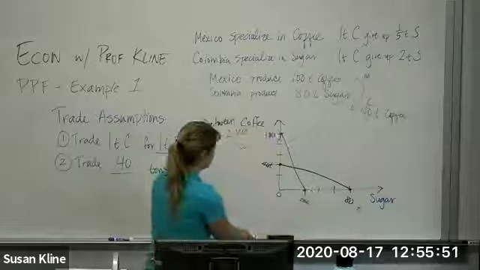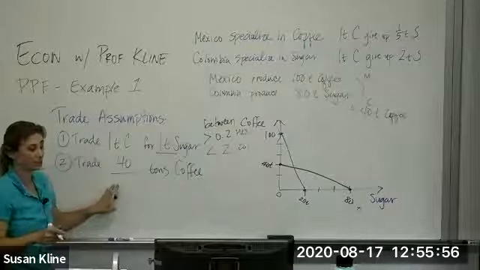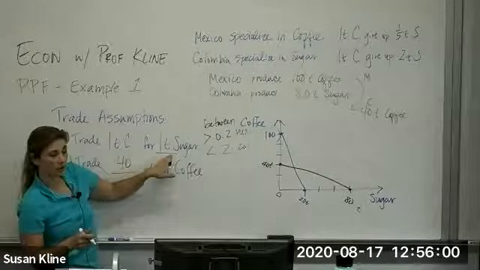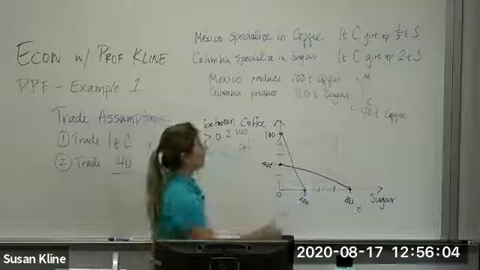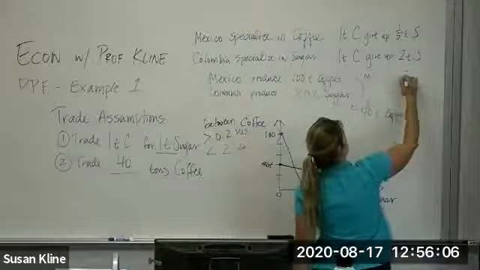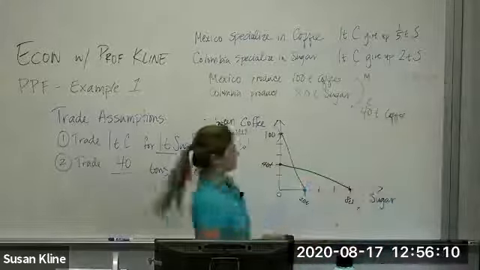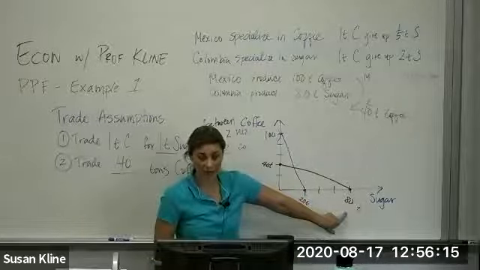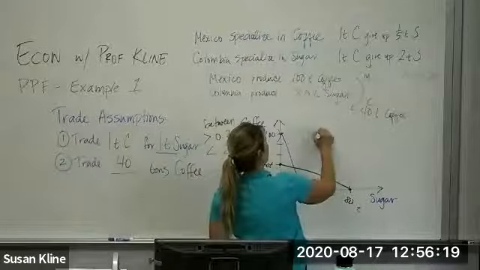So what does Colombia have to send back? And this is where we needed these assumptions, right? So they're trading 1 for 1, and they're trading 40 tons of coffee. So that's where we got this 40 tons, okay? And so they then have to send back 40 tons of sugar. Did they have 40 tons of sugar? Yes, they had 80 tons of sugar. So now, what does Colombia have?